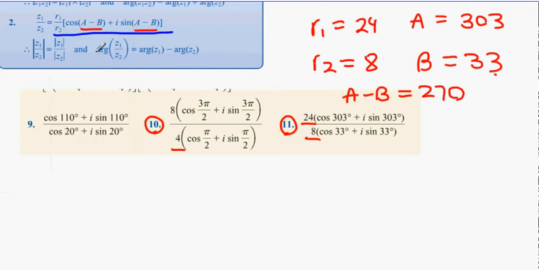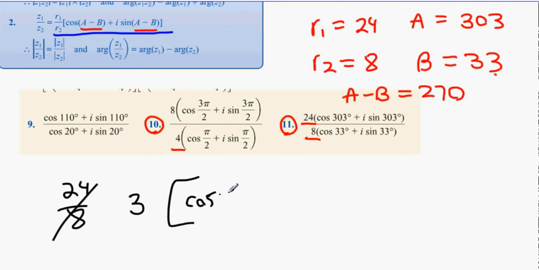So we're going to do R1 over R2. Okay, so R1 over R2 is going to be 24 over 8, which gets me 3. 3 bracket cos A minus B, so cos 270 plus i sine 270.